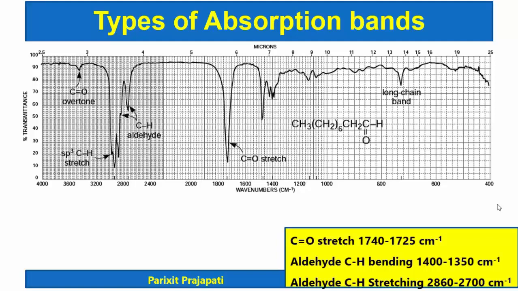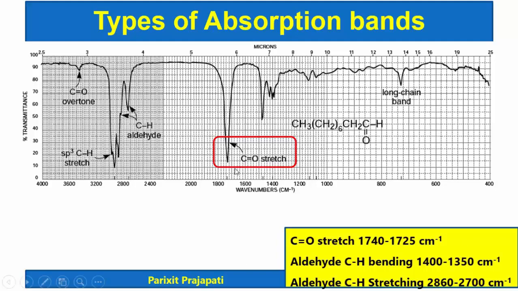Aldehyde CH stretching occurs at 2860 to 2700. So let's start with C double bond O stretch. It should occur around 1740 to 1725. So here the band in the red box is the C double bond O stretch.